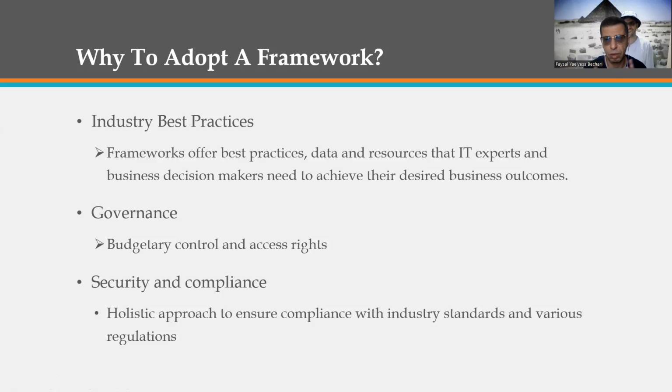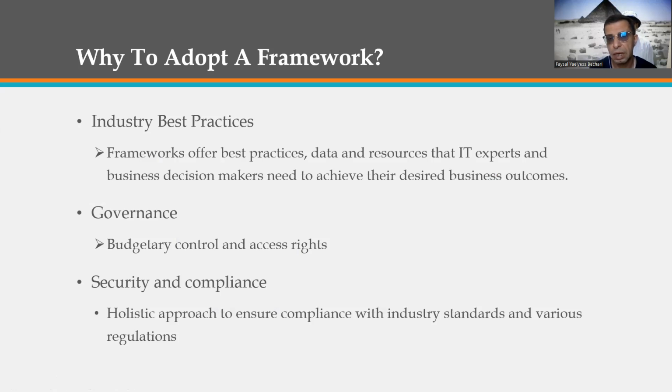So why adopt a framework? We've seen now two types of framework. Why do we adopt a framework? It's because it's an industry best practice: frameworks offer best practice data and resources that IT experts and business decision makers need to achieve their desired business outcome. That's the reason we have a framework, because it's about selecting best practice.